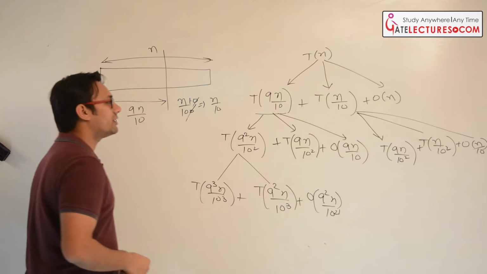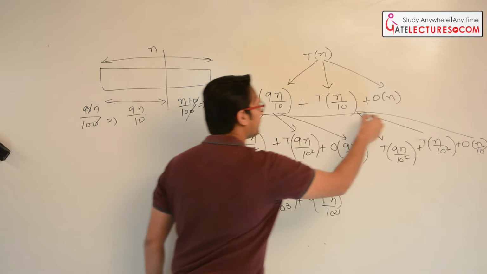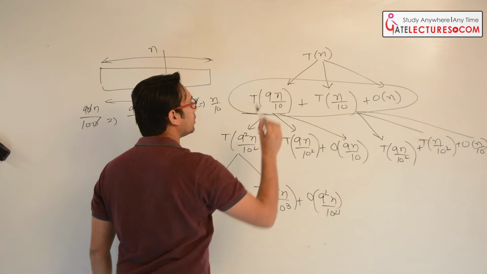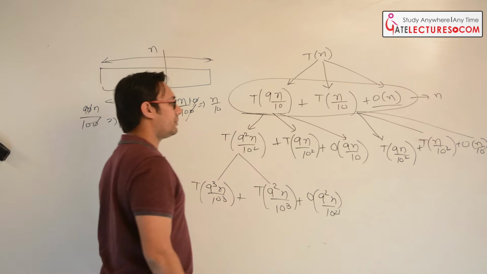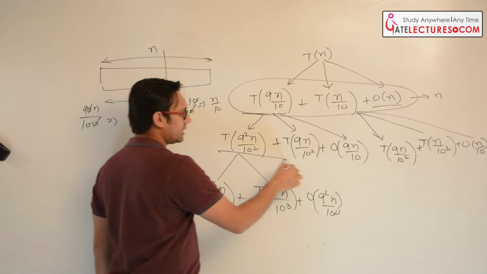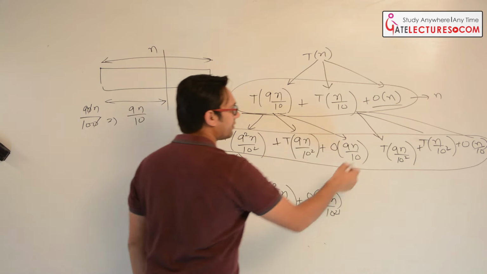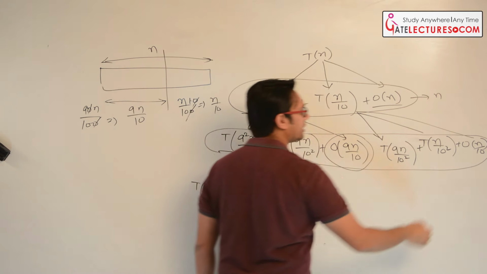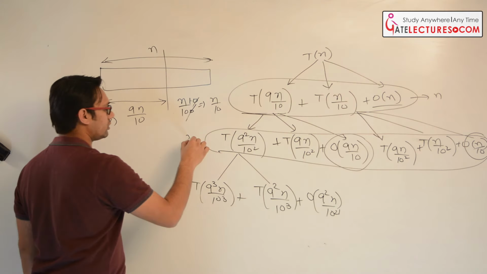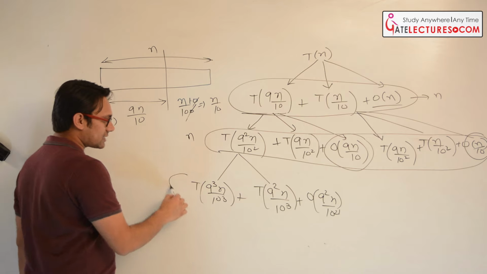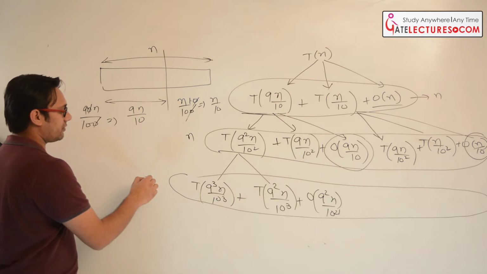So let us see in this complete level what is the effort we have done. We have done this much effort here and this much effort here, so total effort will be only order of n.